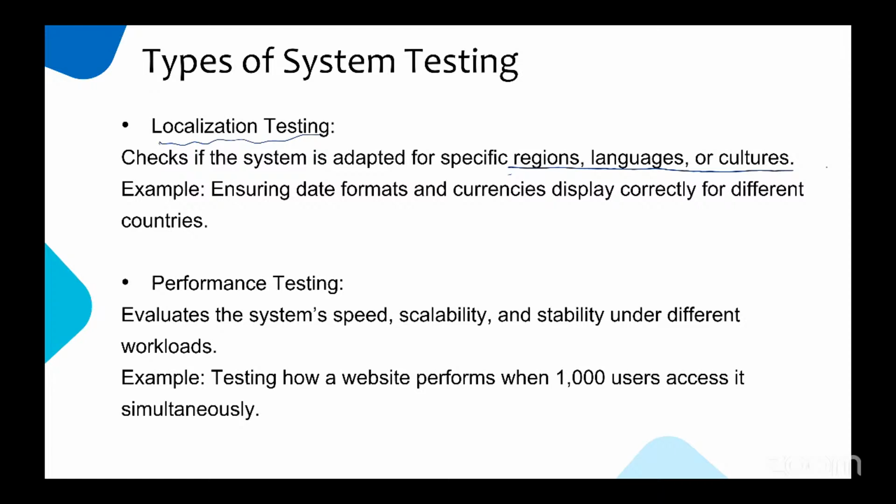Trust me, they will have English, but the main URL, when you type it in Germany, if you are searching for some trainings, it will come in German, and in France it will come in French. So the primary language will be their own language. Of course, you will have at the top ENG, German, French, Dutch. So many languages you will have. So this type of testing they need to do.